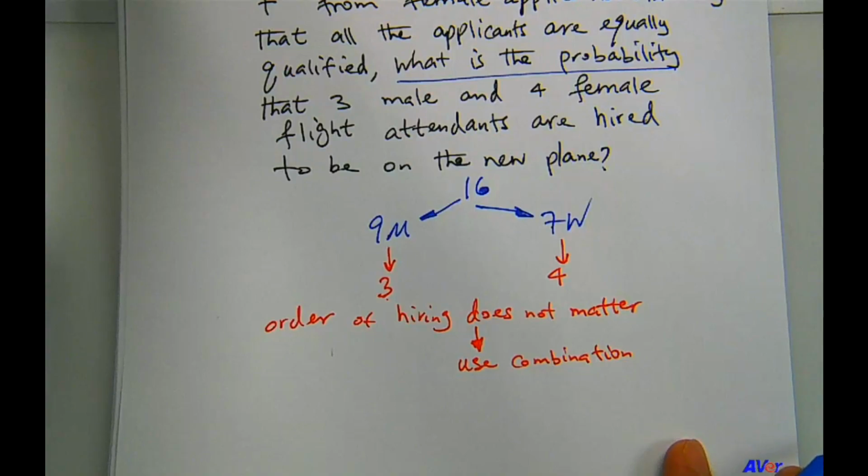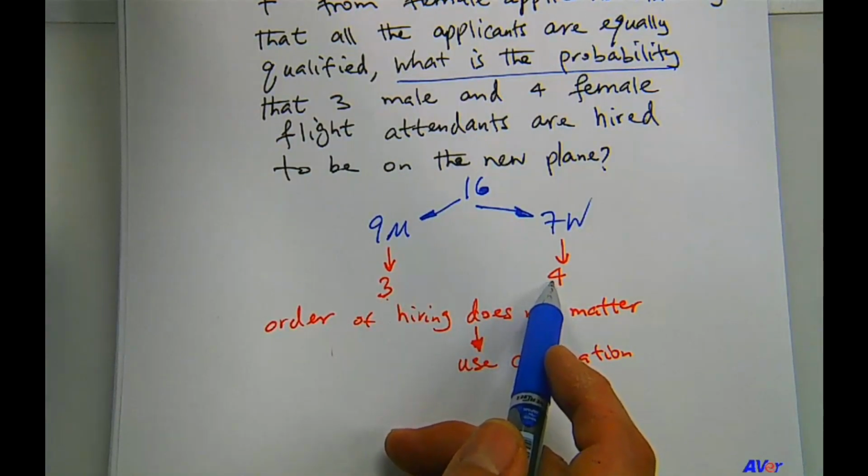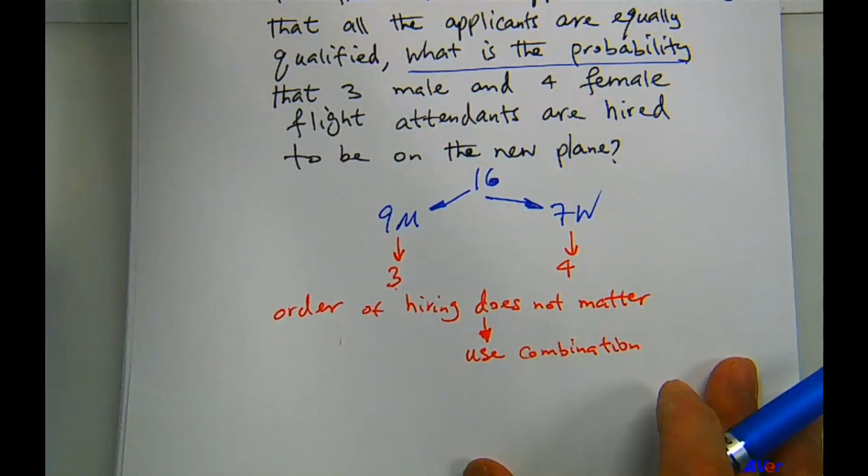One, calculate the number of desired outcomes, which is 3 male and 4 female ones, and then calculate all possible ways that you can pick 7 people out of 16. Then divide the number of desired outcomes by the total number of possible ways of selecting these people from the larger group, and you get the probability that you're looking for.